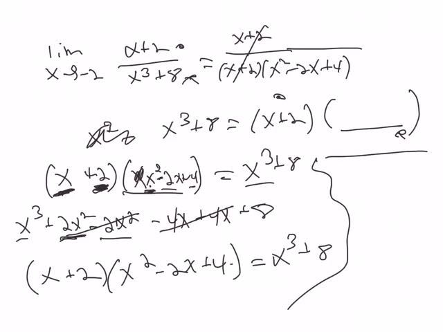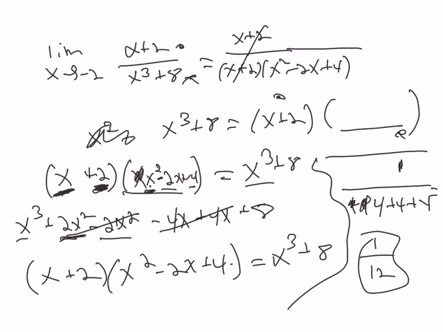Yeah, you can just plug it in. So you're going to get 1 over 4, 1 over 4 minus, which is plus 4, plus 4, so this gives you 1 over 12. So that's your limit. Very nice.